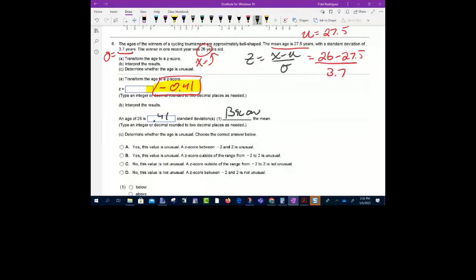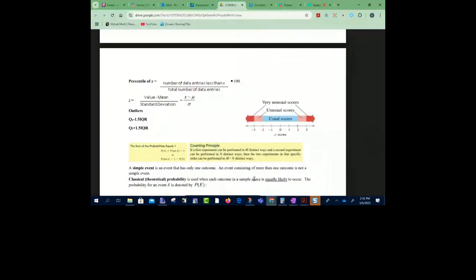So let's see. No, it's not unusual. It's not unusual because a score between -2 and +2 is not unusual. What do I mean by that? Look, it's not unusual to get a score somewhere in that range.